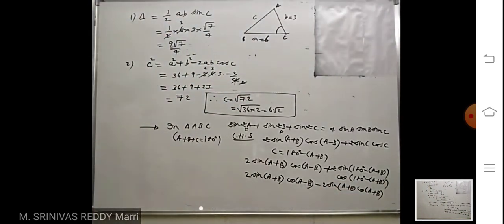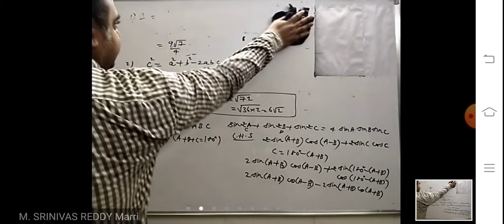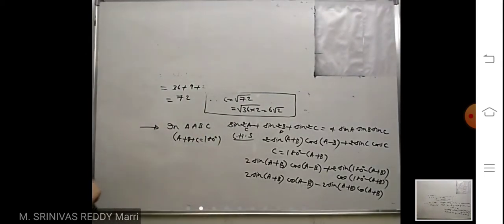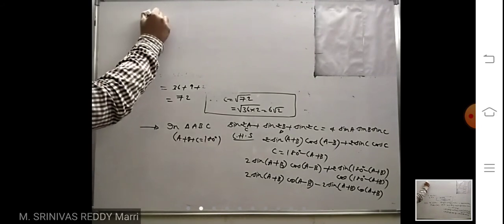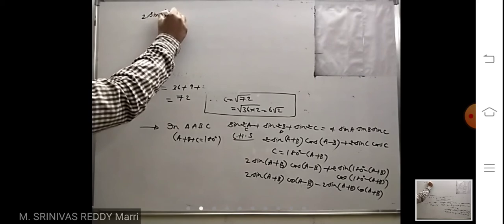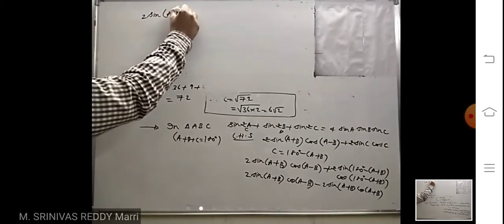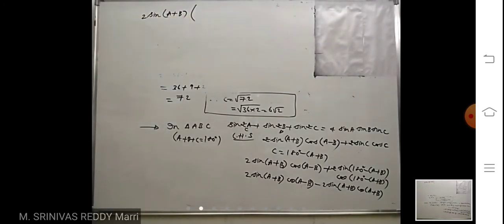Now out of these two, 2 sine A plus B is common. So take 2 sine of A plus B common.